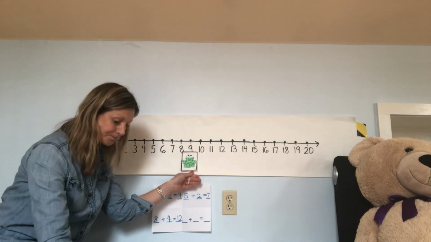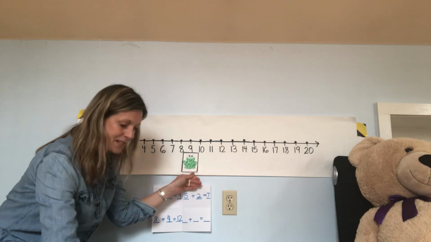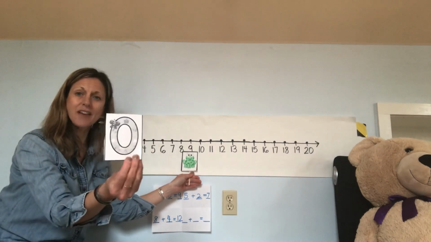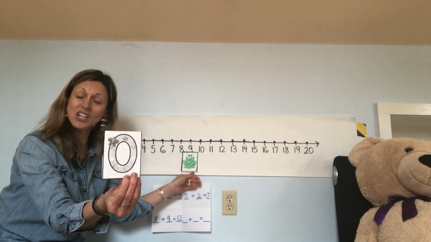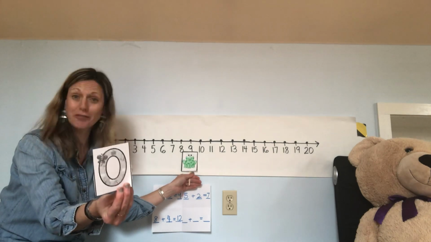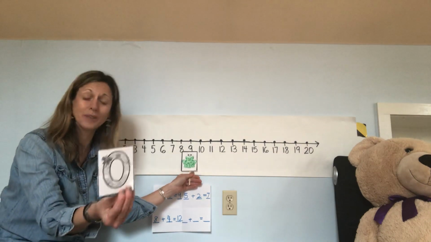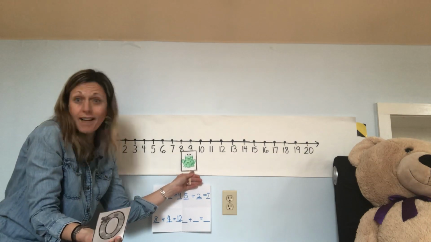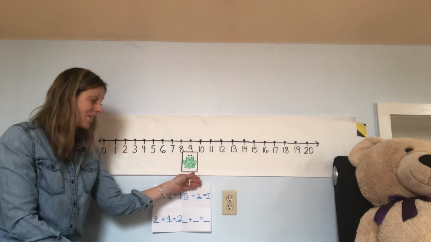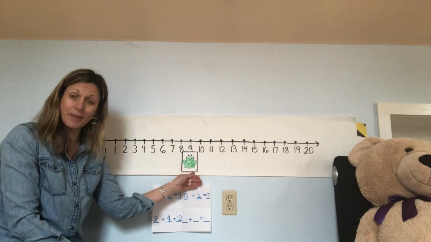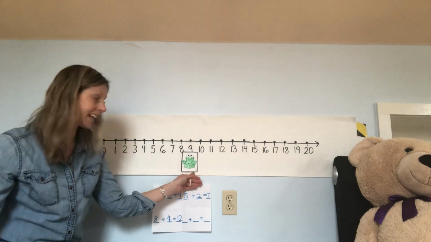Okay, let's see how many hops. What number is that, friends? 0. Is my frog going to move forward? Nope, it's going to stay put because 0 means none or nothing. Okay, where did I end up? On the 9. Good work.